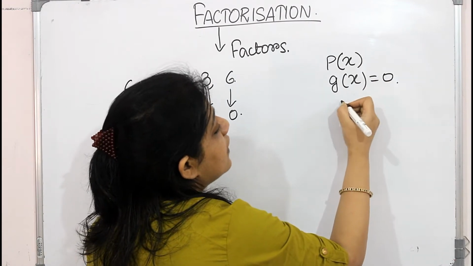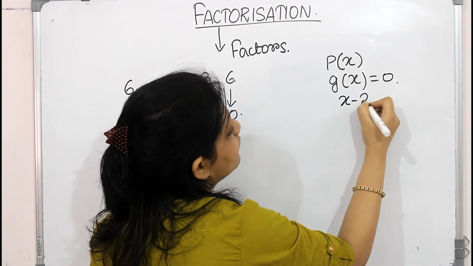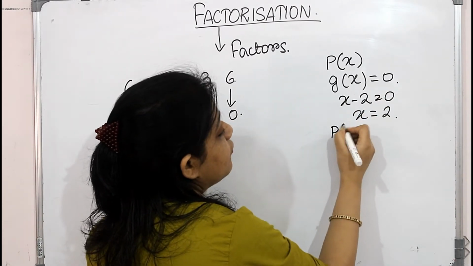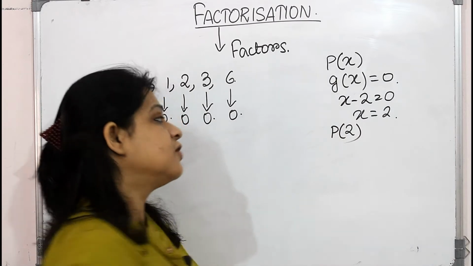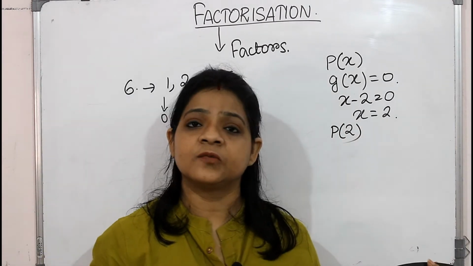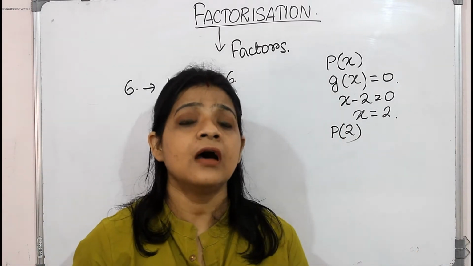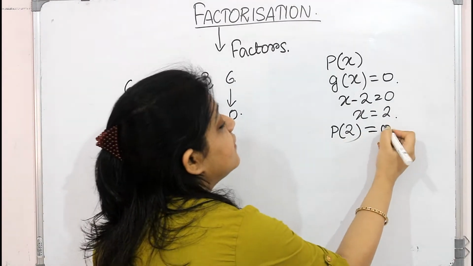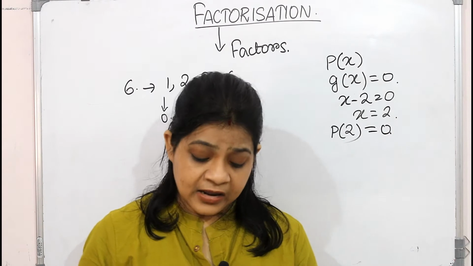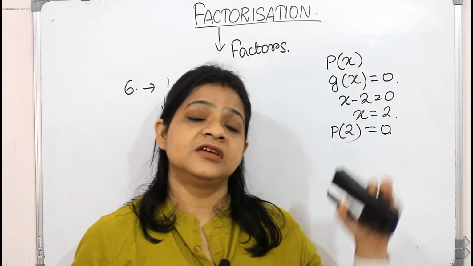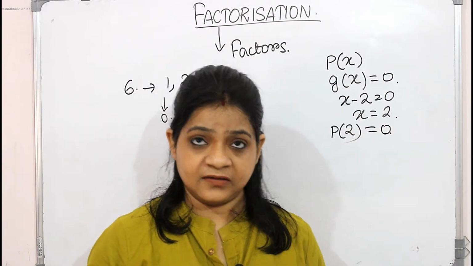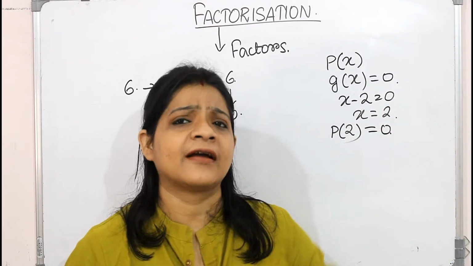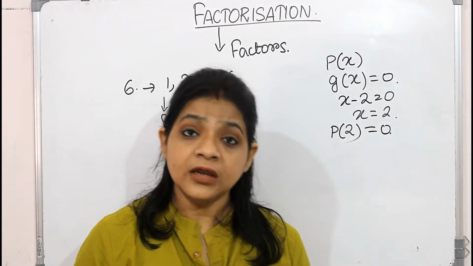Suppose g(x) is x minus 2 equal to 0, so x equals 2. Now if you replace x with this value in p(x) and it gives you the result as 0, then you will say that g(x) is a factor of p(x). So it is called the factor theorem. We are not going into this.